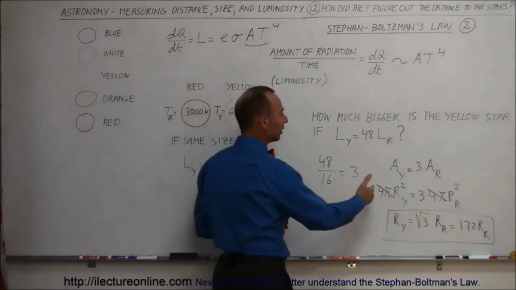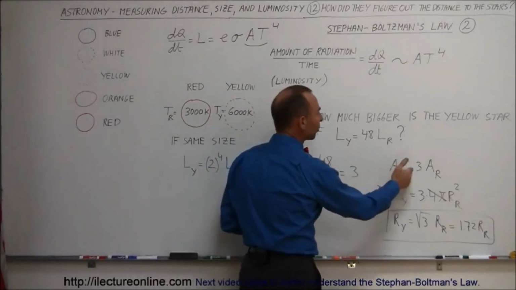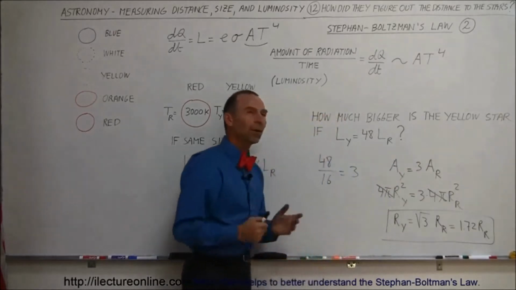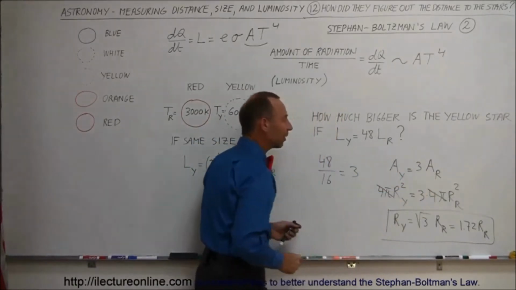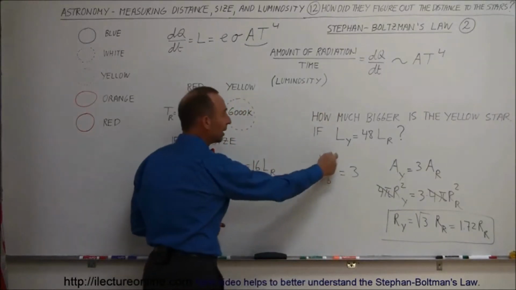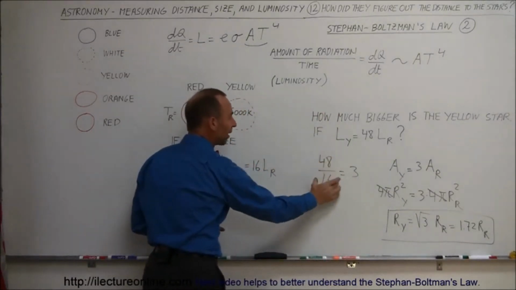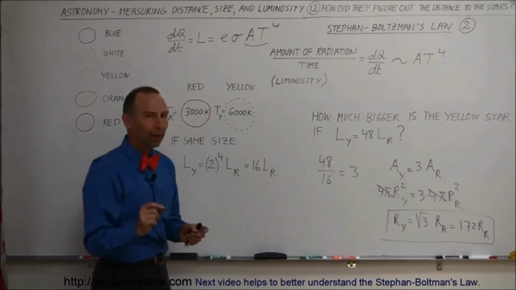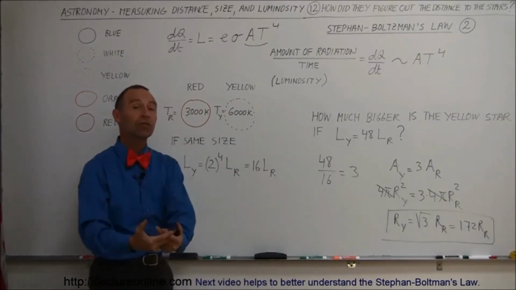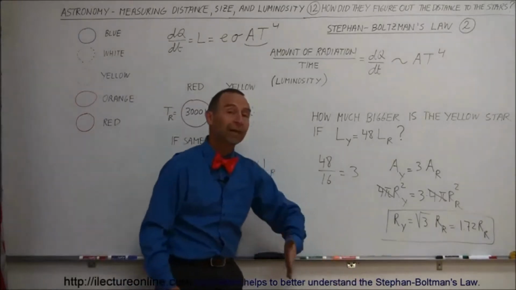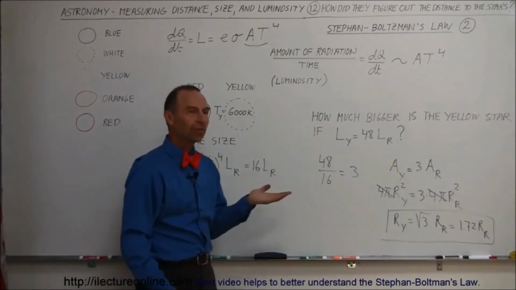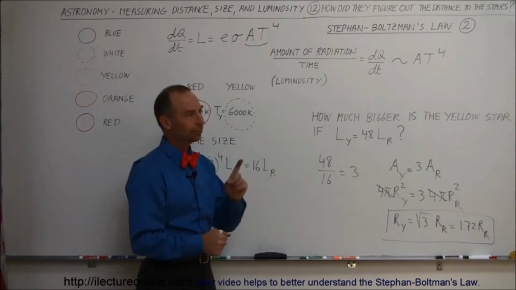So the area must be that many times bigger than the area of the other star, because all we do is take the actual luminosity difference divided by the luminosity difference accounted for by the temperature, and we get the luminosity difference due to the area. We take the square root of both sides, and now we know how much bigger the yellow star is compared to the red star. Great stuff.